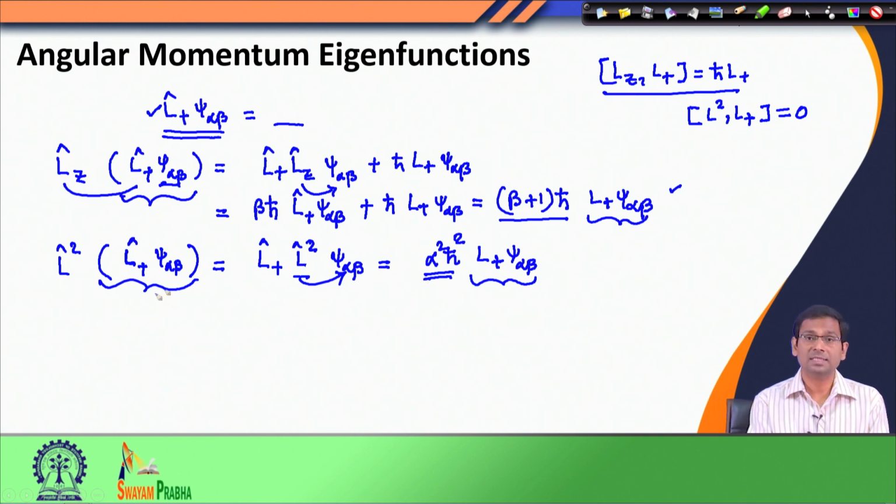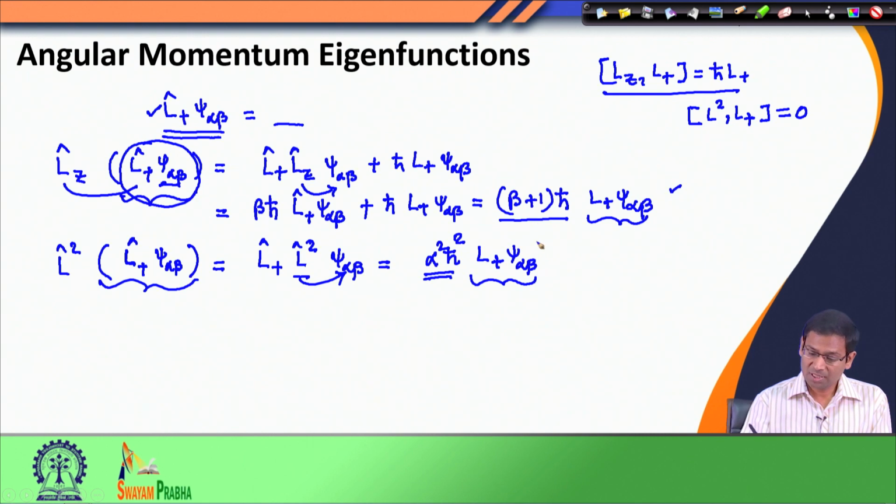Now, since I am in the process of finding the eigenfunctions which are simultaneous eigenfunctions of the L square and Lz operators, I see that this L plus psi alpha beta function satisfies the requirement, because it is simultaneously an eigenfunction of the L square operator and the Lz operator. Therefore, L plus psi alpha beta is one of the possible eigenfunctions that I am looking for.